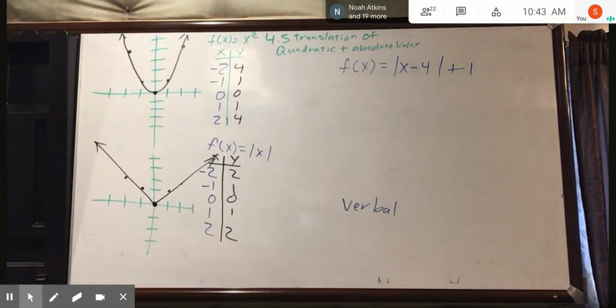Emily, what do you think that will do to the graph? Any clue what the +1 on the outside will do for us? Bree, how about you?